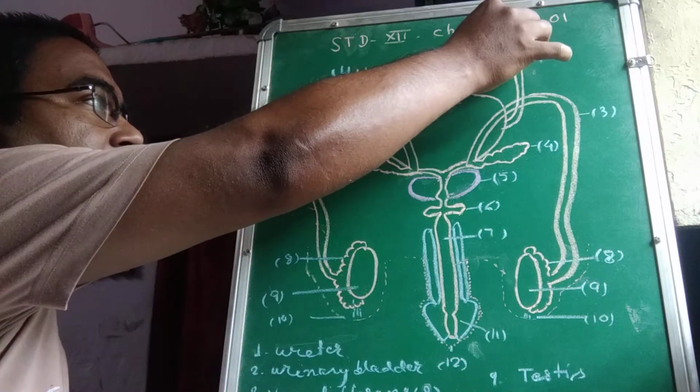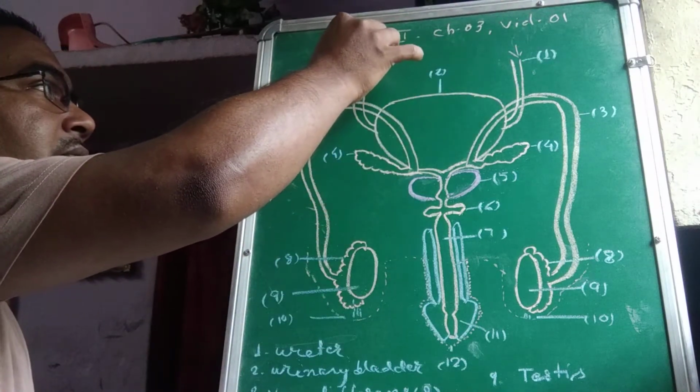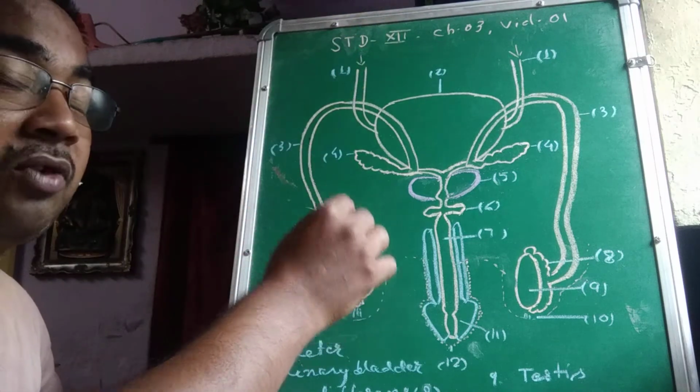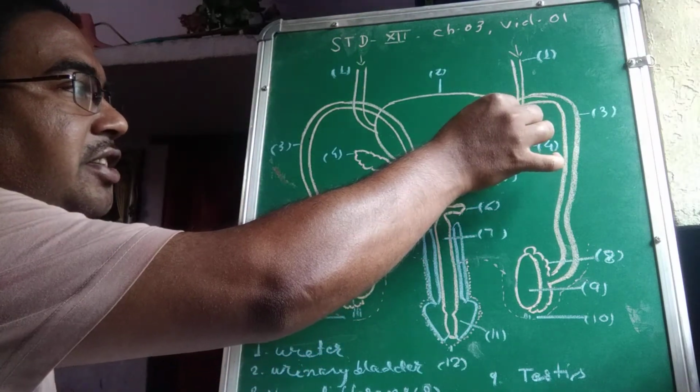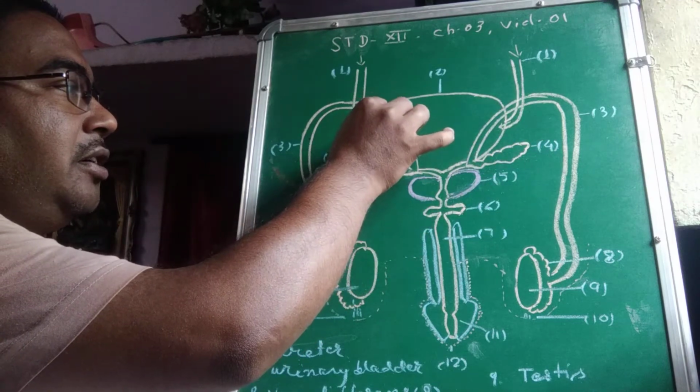In this way the urine comes from the kidney and enters into the urinary bladder.